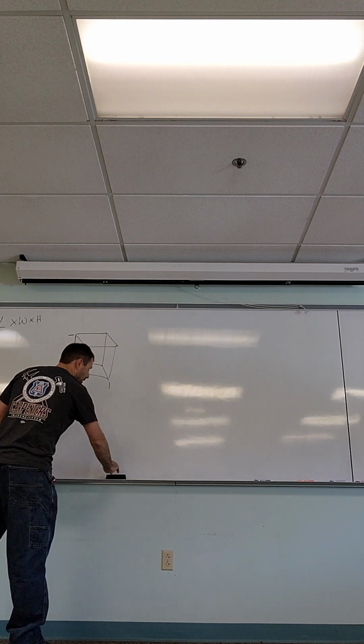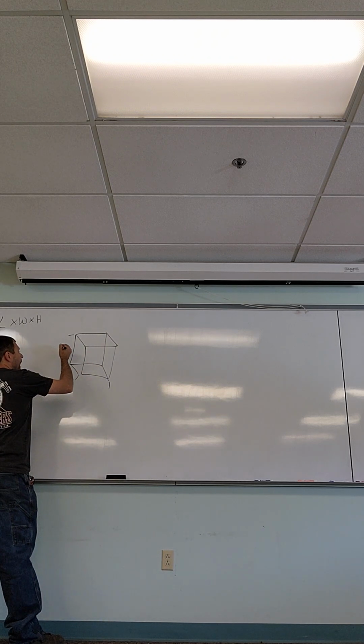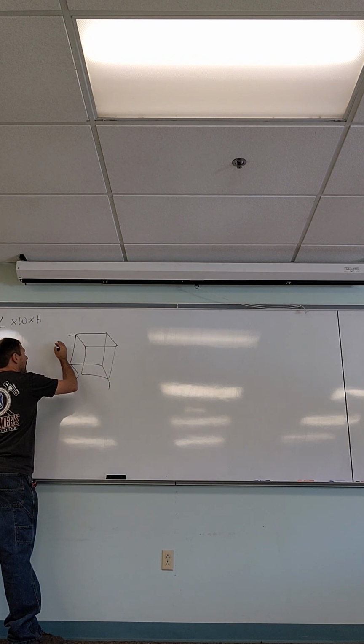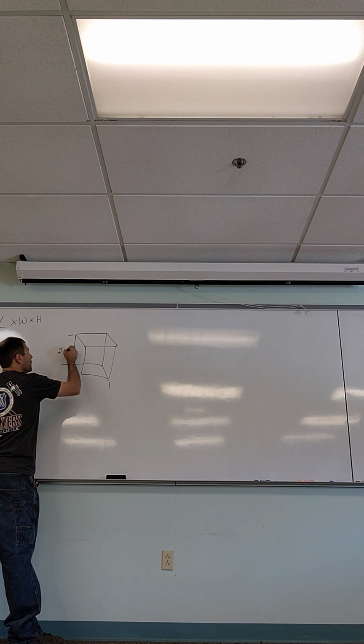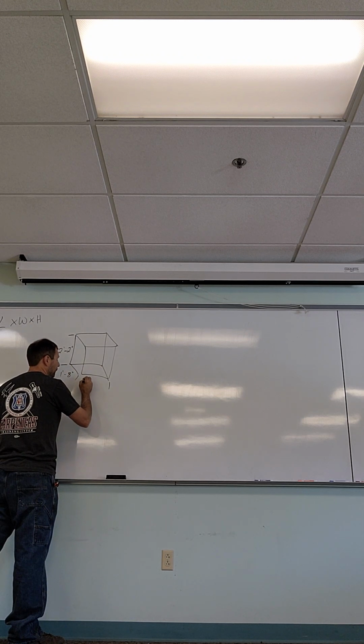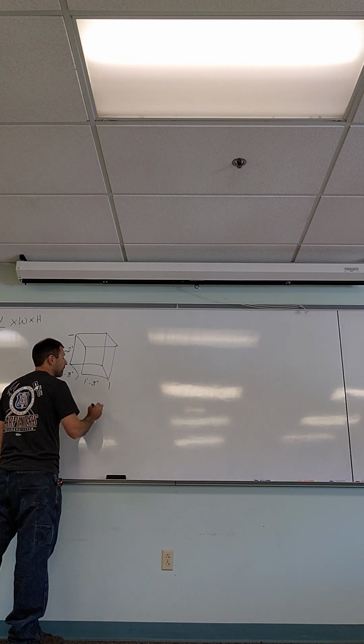So let's go back to our cube, and we'll make it fairly easy. That way we can keep it in our calculator. We'll do 2 feet 2 inches by 1 foot 8 inches by 1 foot 3 inches.